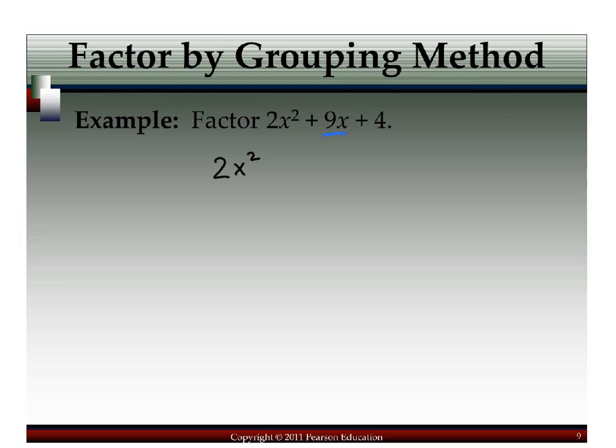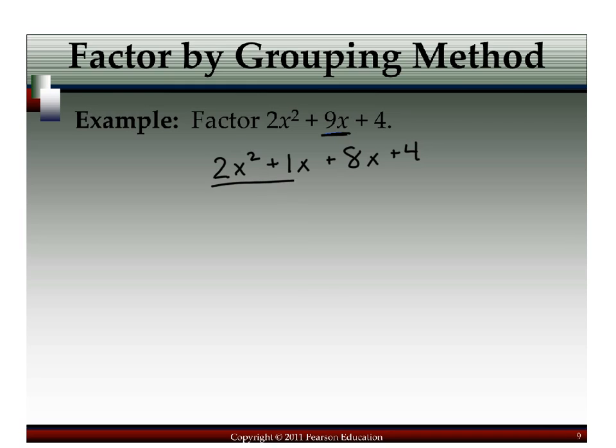I'm going to say, let's take it so it's going to be 1x plus 8x plus 4. 1x plus 8x does give us 9x. And now do the factoring by grouping.